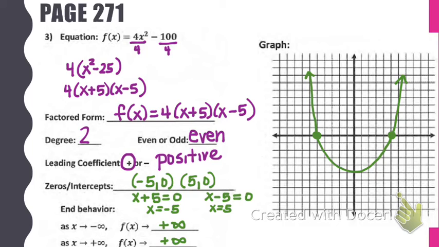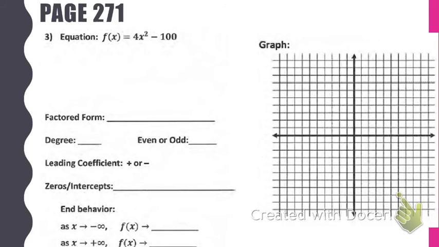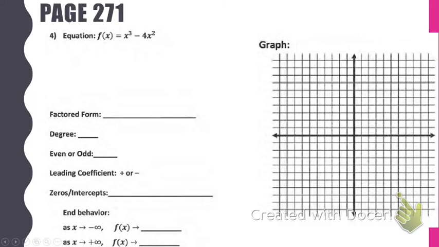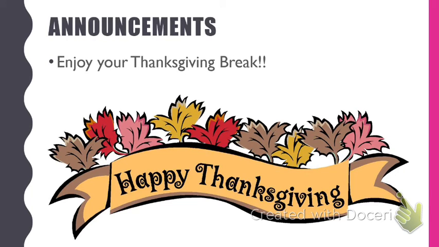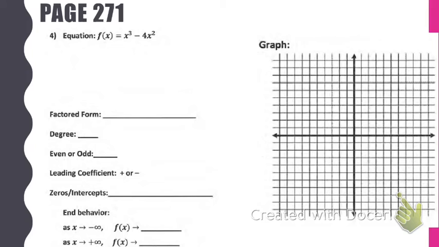And our last question for today is question number 4. So let's go to page 272. Okay, so let's go ahead and factor it. My GCF for this one is x squared. I can divide both of these by x squared.